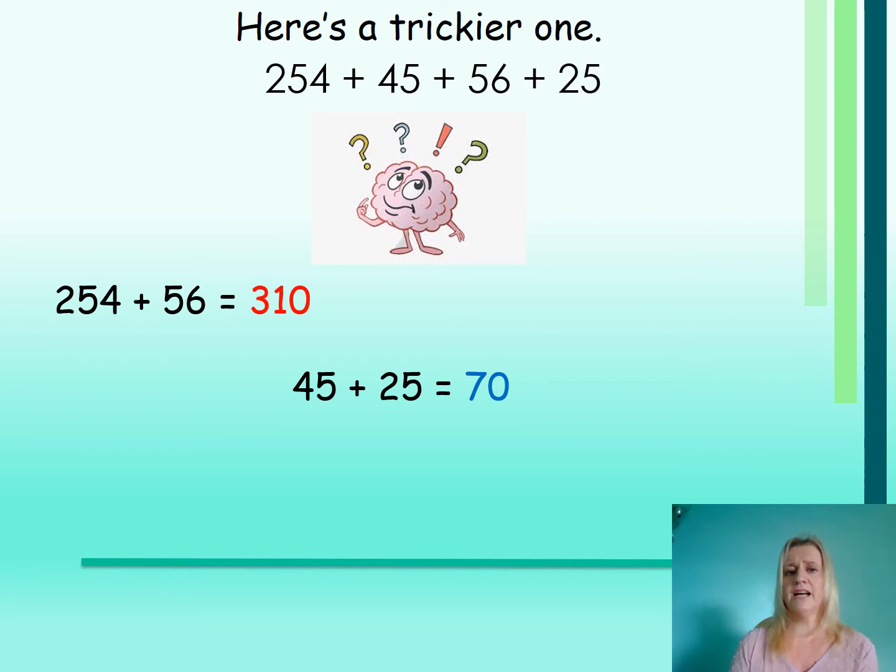It's much easier to add on 310 and 70 to give me 380 than to order 254, add on 45, add on 56, add on 25. Maybe you could show an adult how you worked this out and explain why this is an efficient method for this calculation.